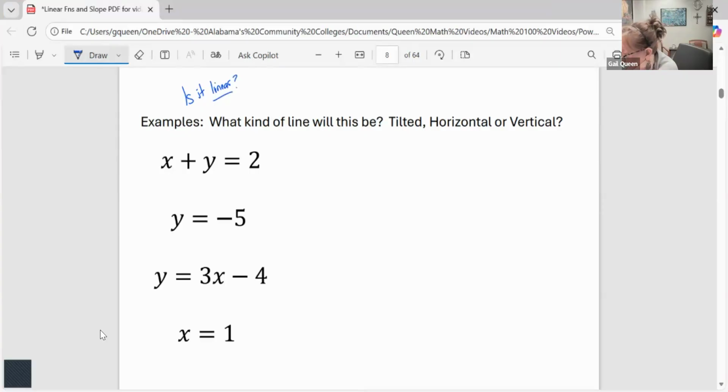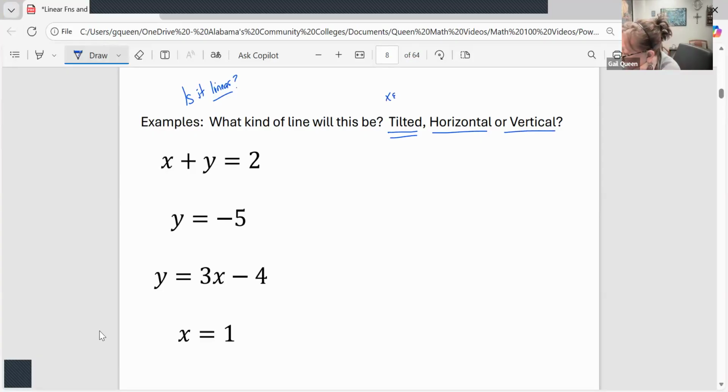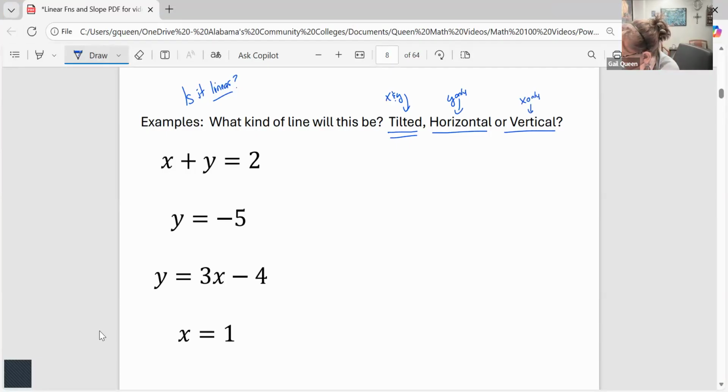If it is linear, then I want to know, is it tilted, is it horizontal, or is it vertical? Tilted has x and y in the equation. Horizontal has y only, there's no x. And vertical lines have x only, and there's no y.